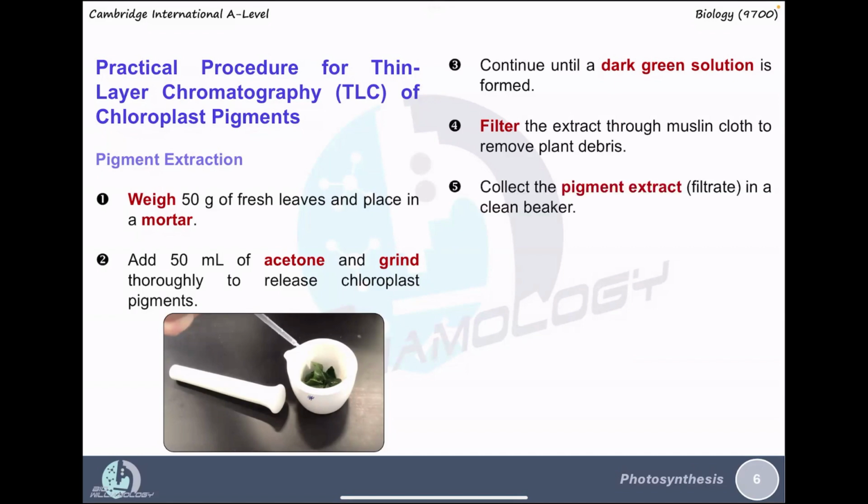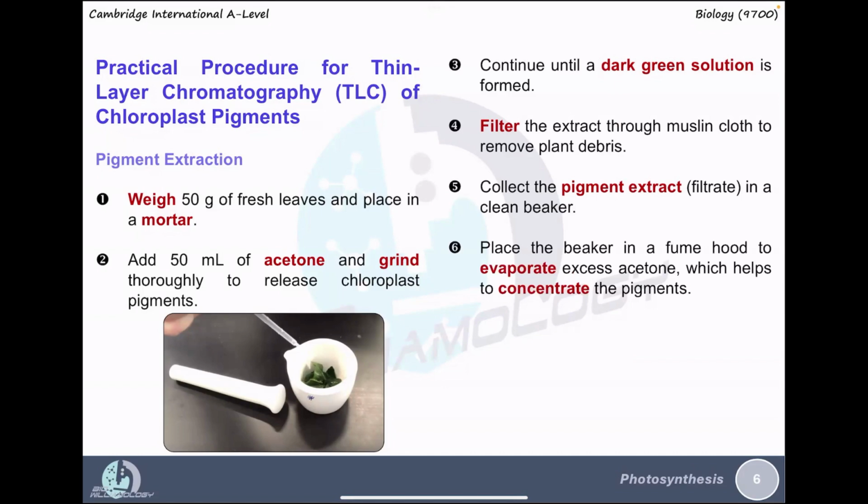We can collect this pigment extract, the filtrate, in a clean beaker. To concentrate this pigment, we can place this beaker of pigment extract in a fume hood to evaporate excess acetone. At the end, we will get a concentrated pigment. So we are done with pigment extraction.